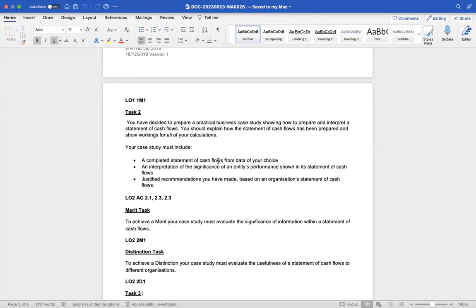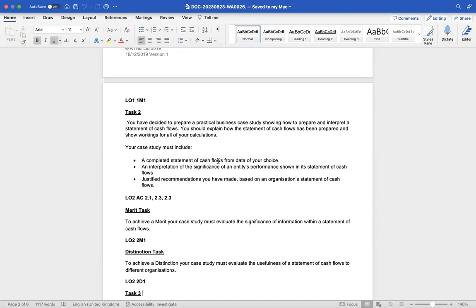Then collect data. Gather financial data for the chosen business. You will need data related to cash inflows and outflows, including operating, investing, and financing activities. Then you will come to preparing the statement of cash flow.